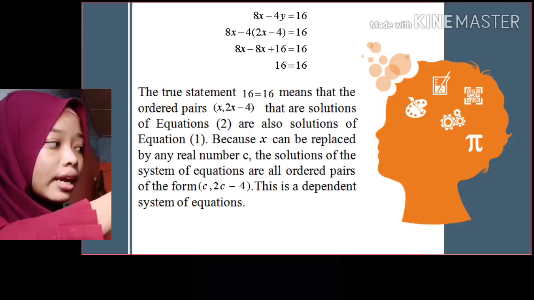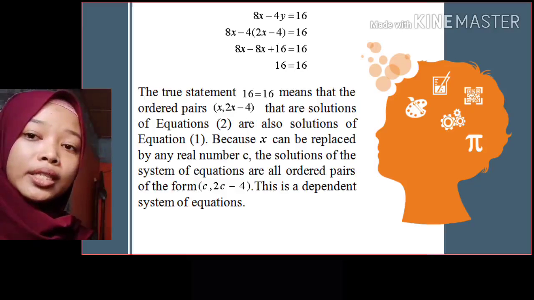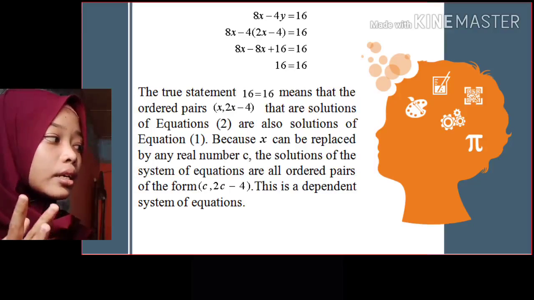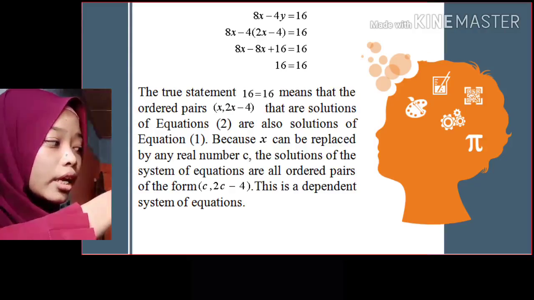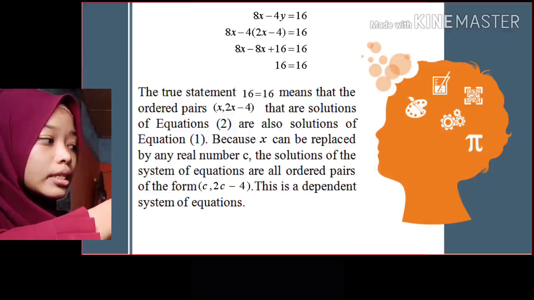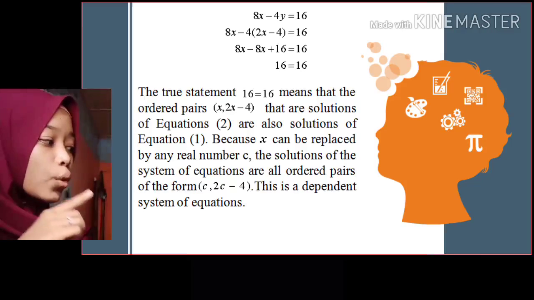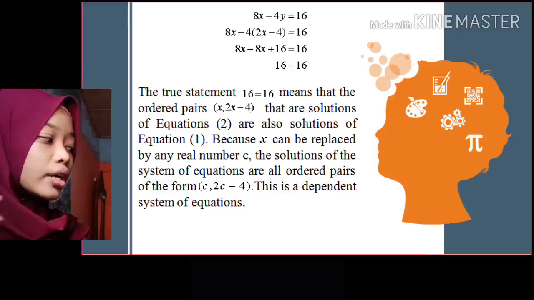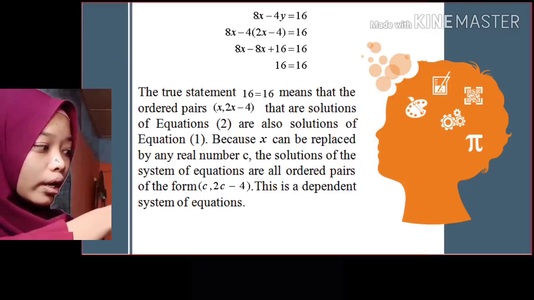And this is a dependent system because they represent the same line. The true statement 16 equals 16 means that the ordered pairs (x, 2x minus 4) that are solutions of equation 2 are solutions of equation 1.